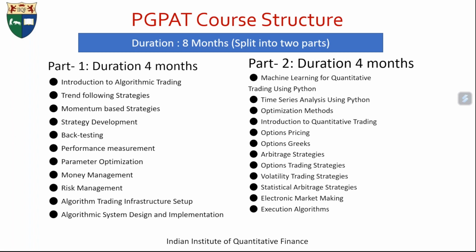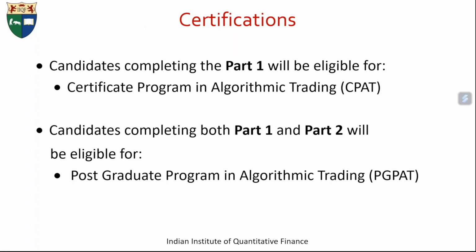If you're doing only the first part of the course, the certificate that you get is called a certificate program in algorithmic trading. And if you're doing the entire course, then you get a certificate as postgraduate program in algorithmic trading. So again, we have things for everyone, right? Whether you are a beginner who is new to the market, or you have a background in trading but are new to coding, our courses are meant for all, right?